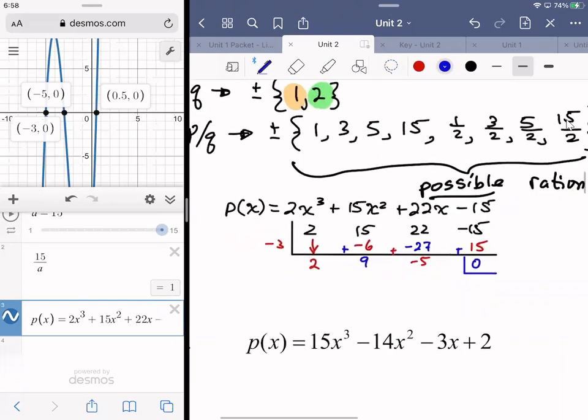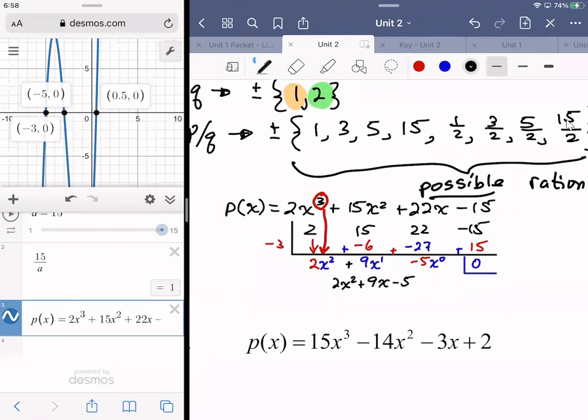We carried out the synthetic division process once. That means we're down to a quadratic. Power of 2, power of 1, power of 0. We can write this as 2x squared plus 9x minus 5.